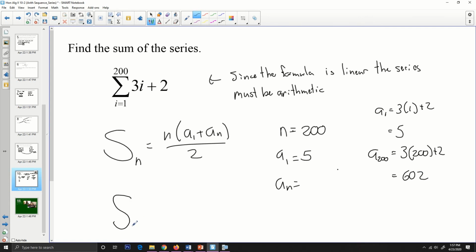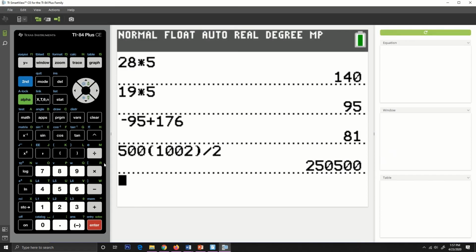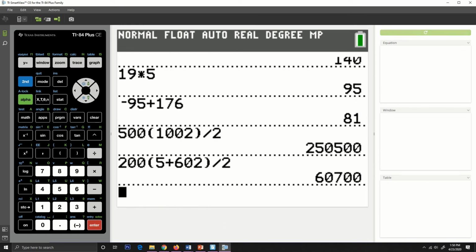The 200th partial sum will be, there are 200 terms. The first one is 5. The last one is 602. And that's going to be all over 2. So again, we'll just grab our graphing calculator. 200 times, what did I say? 5 plus 602, all divided by 2. Let's check my work. I got that. Okay. Hit enter here, and that sum is 60,700.